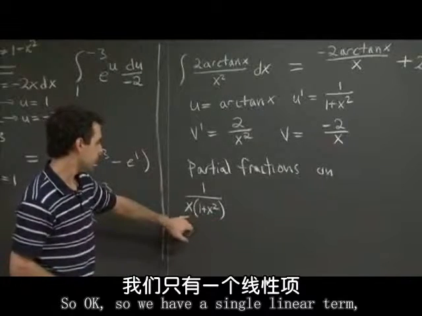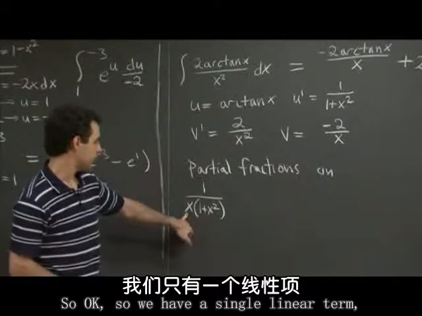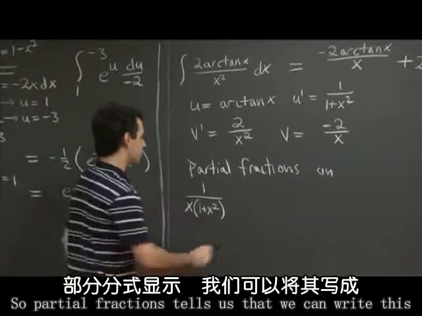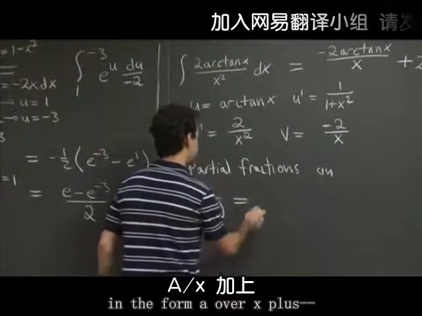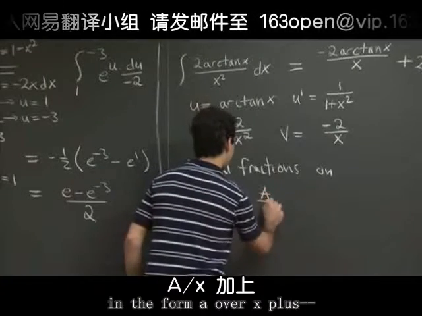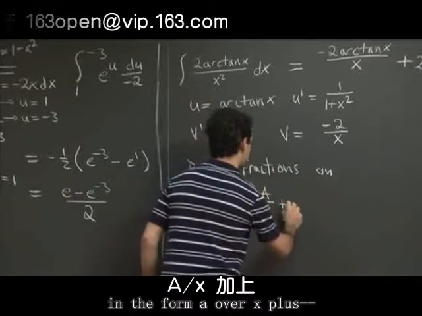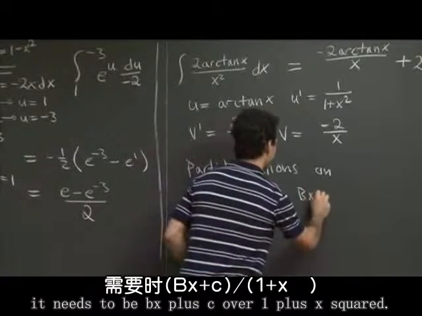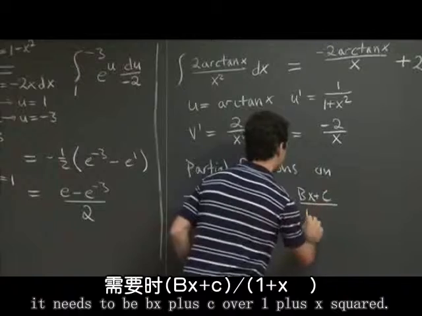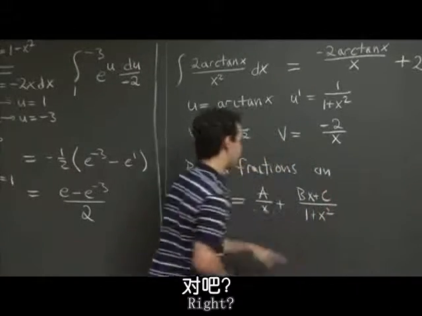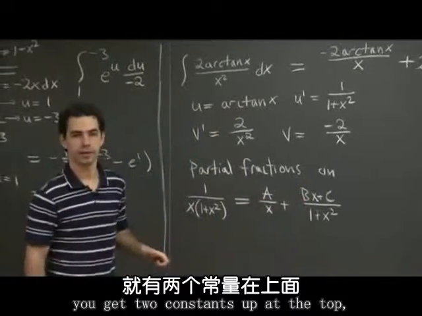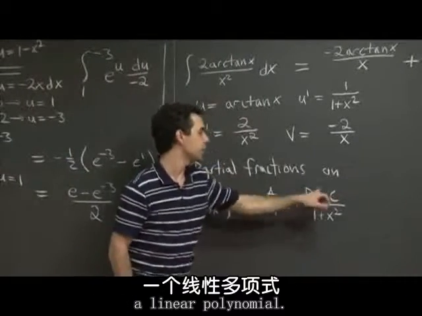So we have a single linear term and a single non-factorable quadratic term. So partial fractions tells us that we can write this in the form A over x plus, and now because the second term is quadratic, it needs to be Bx plus C over 1 plus x squared. So when you have a quadratic in the bottom, you get two constants up top, a linear polynomial.